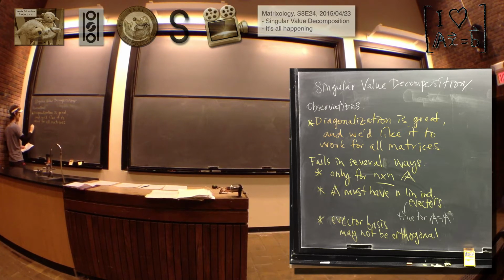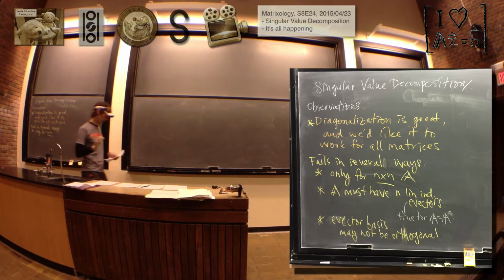So it fails in several ways to be extensible. One, the big one, is it's only for n by n, only for square matrices. So we've been living in square matrix world, but that's okay. It's all going to be good.